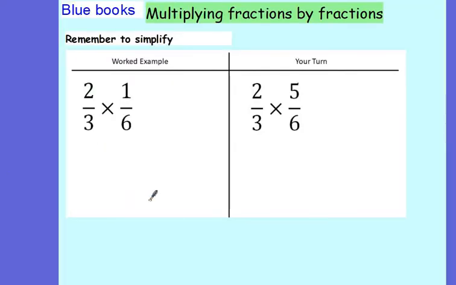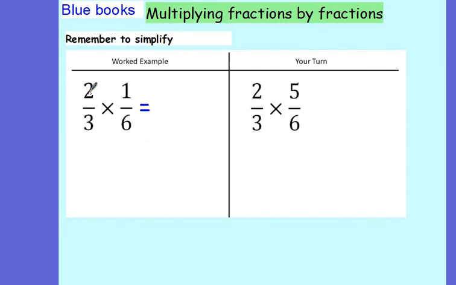So what exactly are we doing each time? Can you open your dark blue books for me and write the title Multiplying Fractions by Fractions? And then pens down, eyes on me, I'm going to go through an example and you're going to do an example. So each time all we're doing is we're multiplying our numerators together and our denominators together when we multiply fractions.